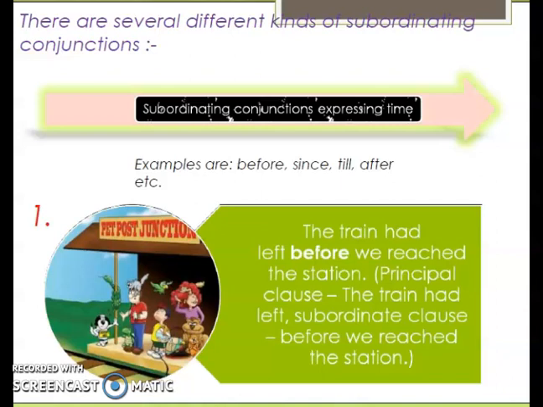As we discussed that the subordinate clause starts with a subordinating conjunction, so before is a subordinating conjunction and our subordinate clause starts with it.